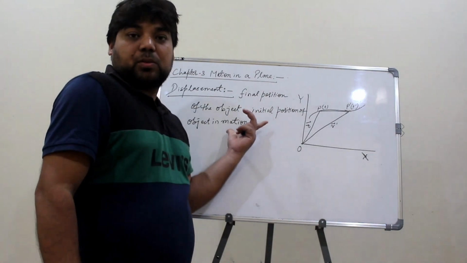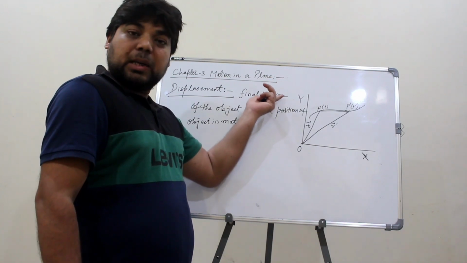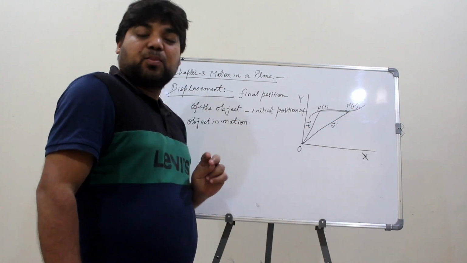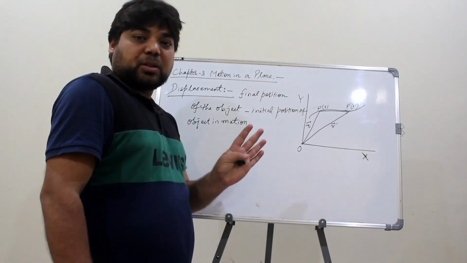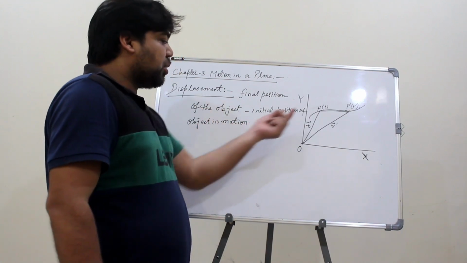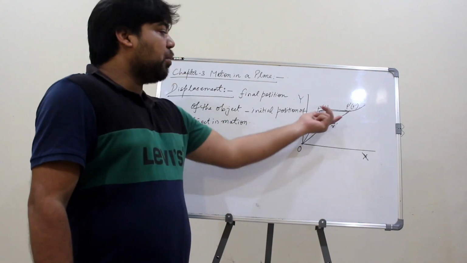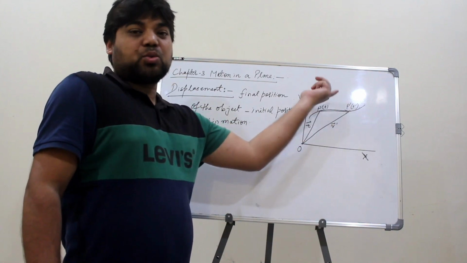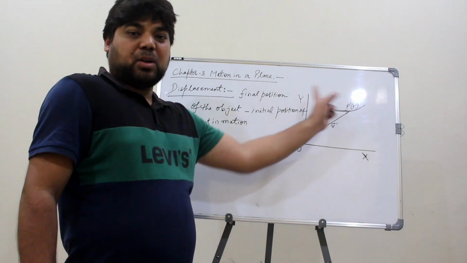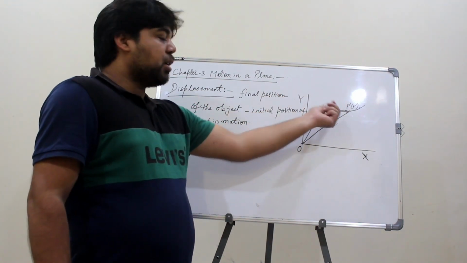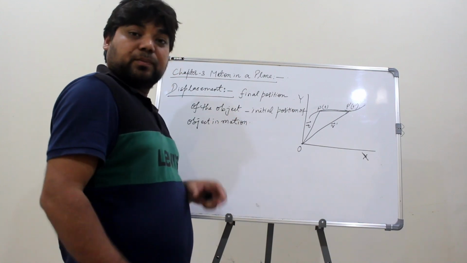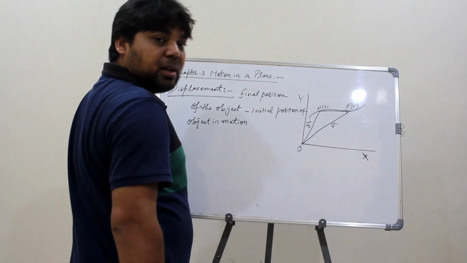Final does not mean the end of the motion. Final is the point up to which the object has reached, and initial is the one from where the object has started. It can be any midpoint also. So you choose any two points, one at a greater time, which is final, and one at the lesser time, which is initial. Here t and t dash are in that reference.